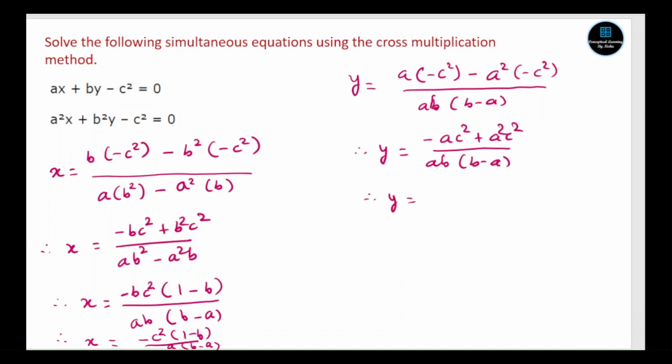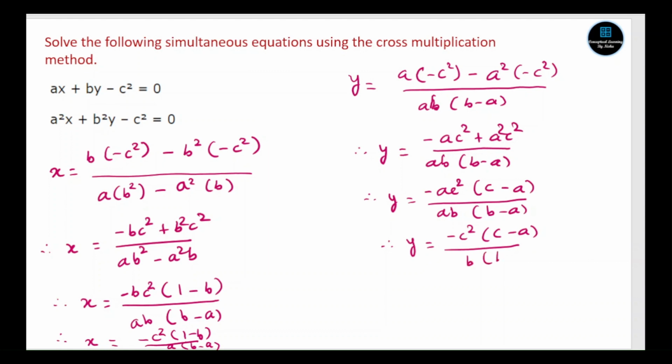I can take ac square common. So minus ac square common, and what do we get? This is c minus a over ab into b minus a, and then we'll get the value of y. y equals a cancels out, so minus c square over c minus a upon this is b into b minus a, right?